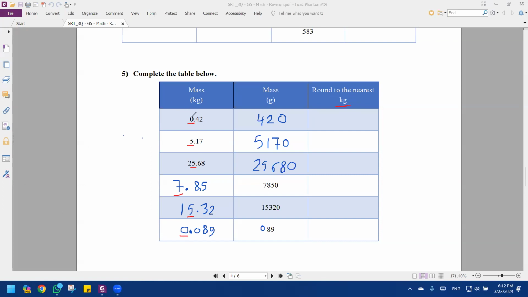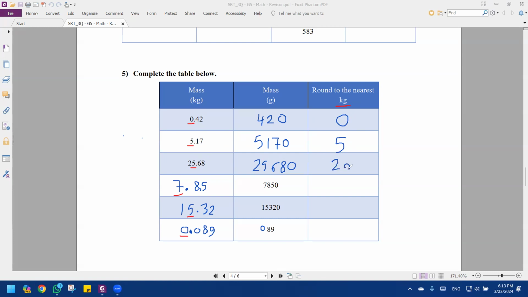Now the first one, 0, we check behind it. We have 4. 4 round down, so it will be 0 kilogram. Now 5, we check behind it is 1. 1 means round down, so 5 kilogram. Now we have 25. We underline 5. We check 6. 6 round up. That 5 will be 6.